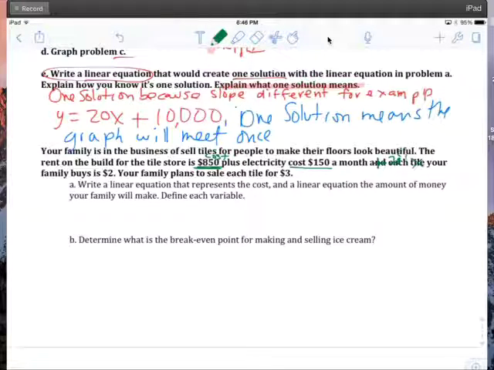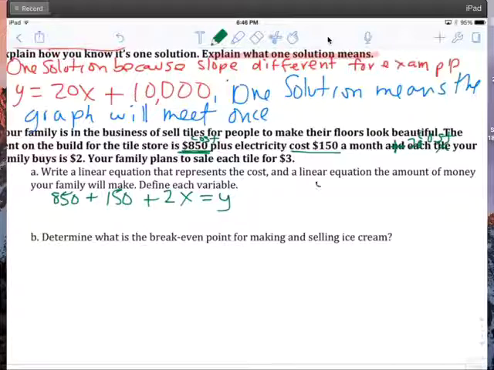These are all costs. Okay, so your cost then is $850 plus $150 plus $2 for each tile equals y. Y then is the total cost.